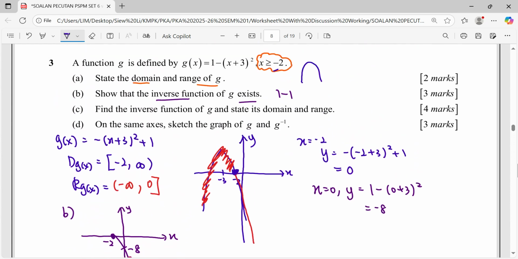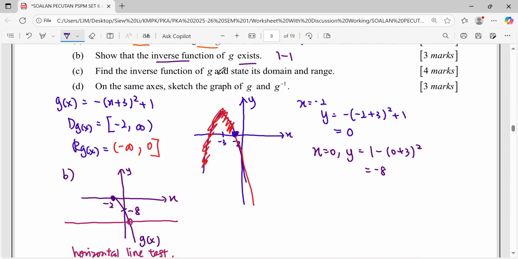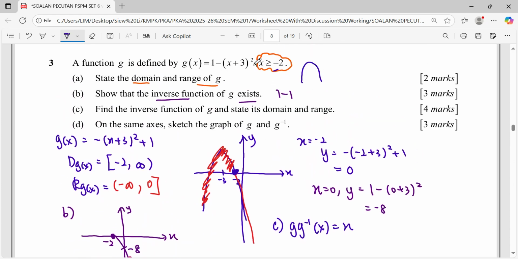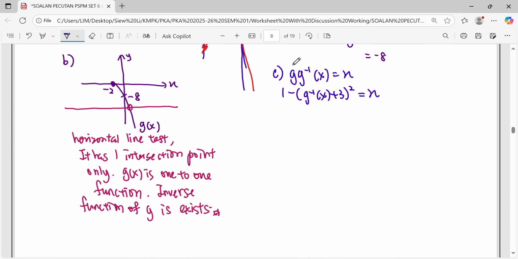Then question C. Find the inverse and state its domain and range. Okay, so question C, then only we start to find its inverse. G of g inverse equals to x. So substitute g inverse into the function g. So tempat x ni diganti dengan g inverse, okay, then we try to move it one by one. G inverse plus 3, squared.